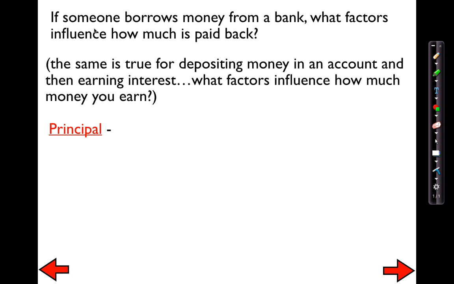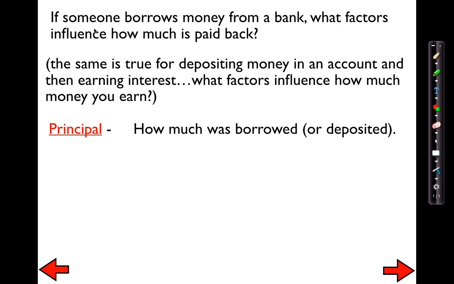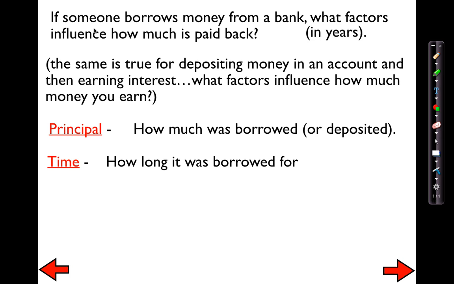So, the first word that we're going to go over is principal. Principal is basically how much was borrowed, or in terms of a savings account maybe, we can think of it in terms of how much is deposited into your account. Now, time is definitely a factor. Time is obviously how long it's borrowed for, specifically in years typically.